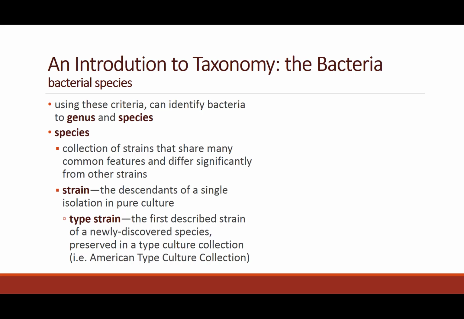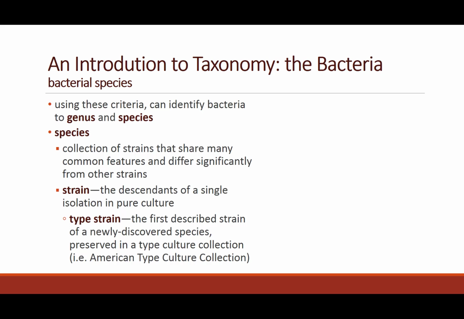Those are the descendants of a single cell that we isolated into pure culture. So if we have two strains that we're comparing to each other, if they share lots of common features and they differ from a lot of other organisms that we know about, then we would start calling those species.